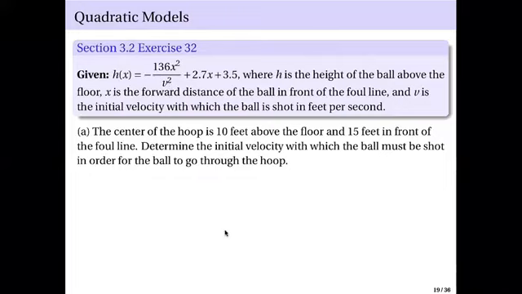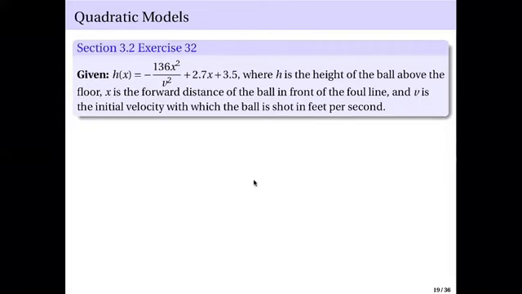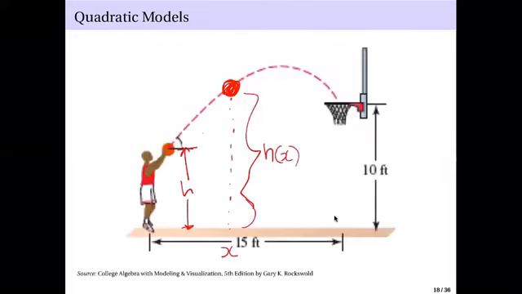So how do we do this? In here we have h equals 10 and x equals 15. Why? Well, from this point up to this point, that's your 15, the distance from the foul line. So that's your x, x equals 15.